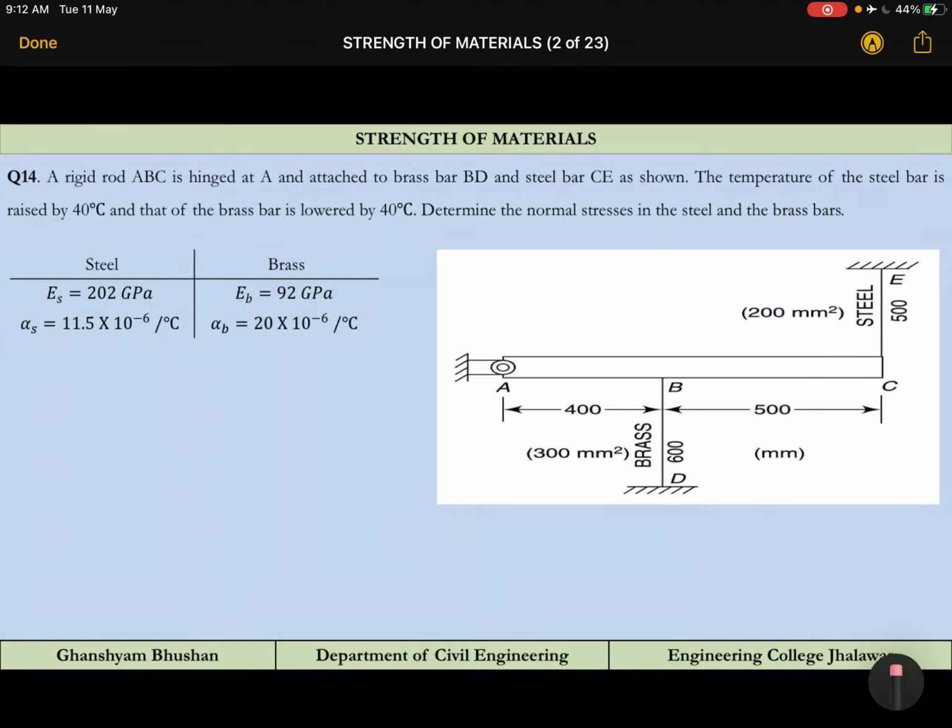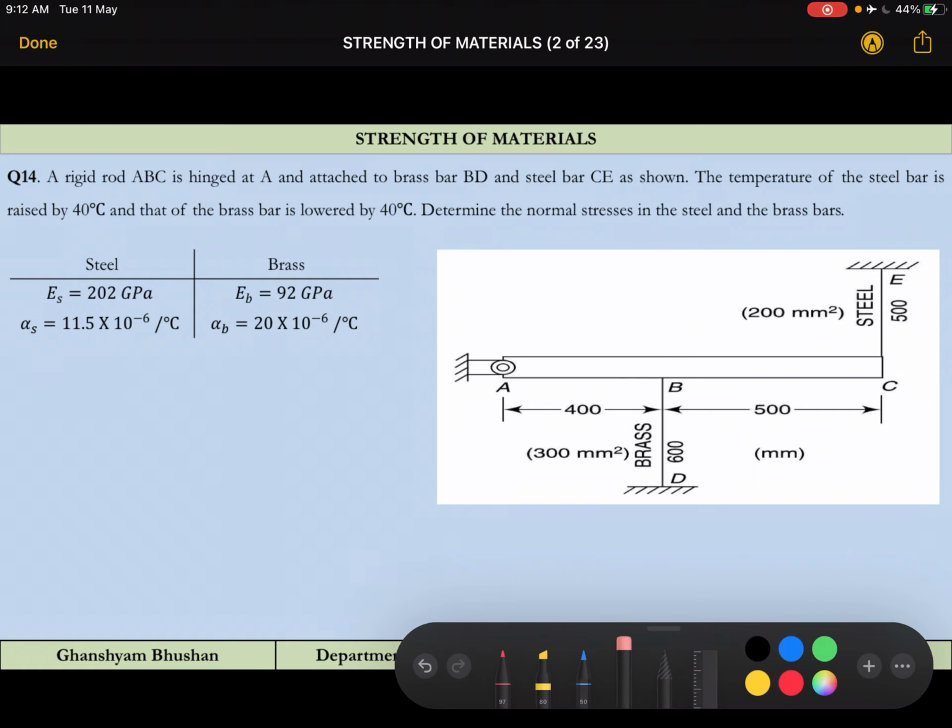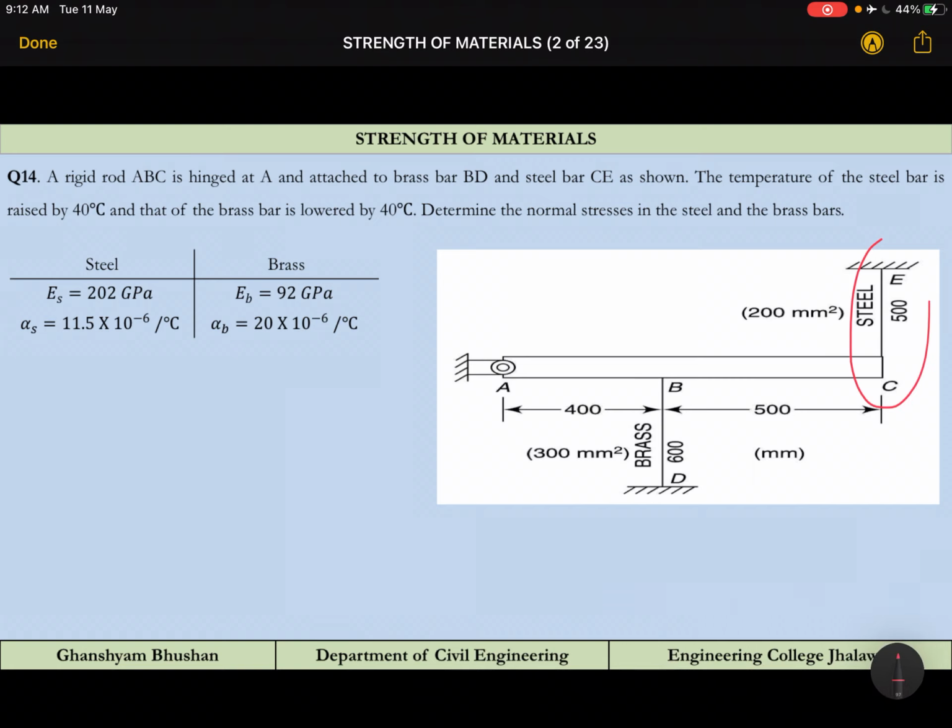So let us see how we are going to approach this problem. First, we have increased the temperature here, so this point will try to come somewhere here, and for this material we have decreased the temperature, so it will get shortened. So this bar will try to orient itself in this direction.